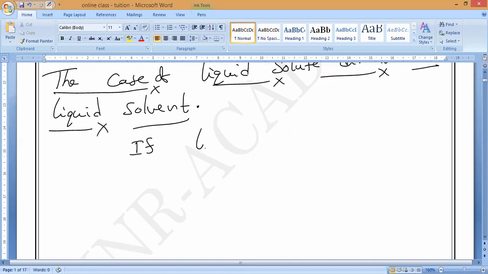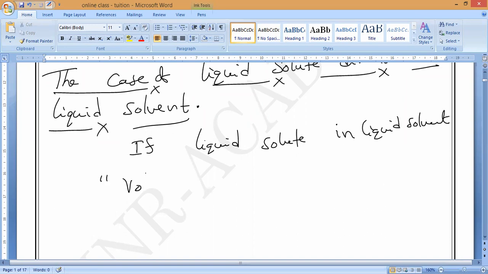Remember, if it is a liquid solute in a liquid solvent, we consider the volume percentage of solute. If it is solid, mass percentage of solute.